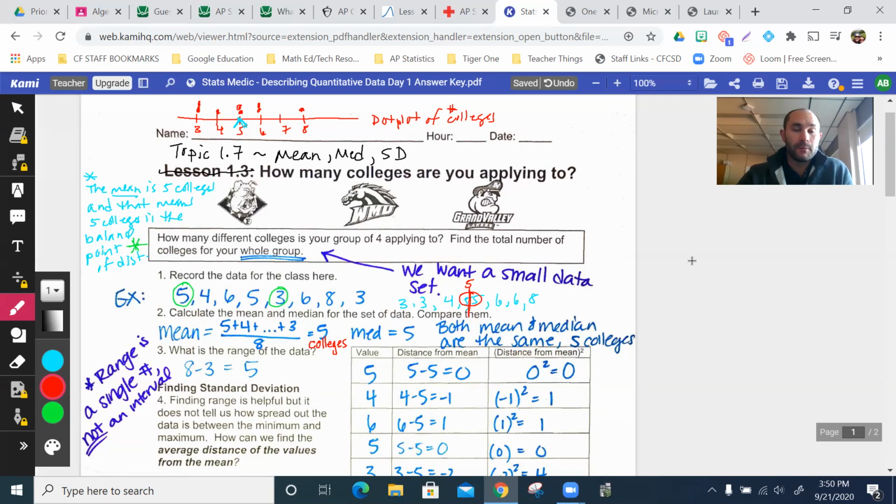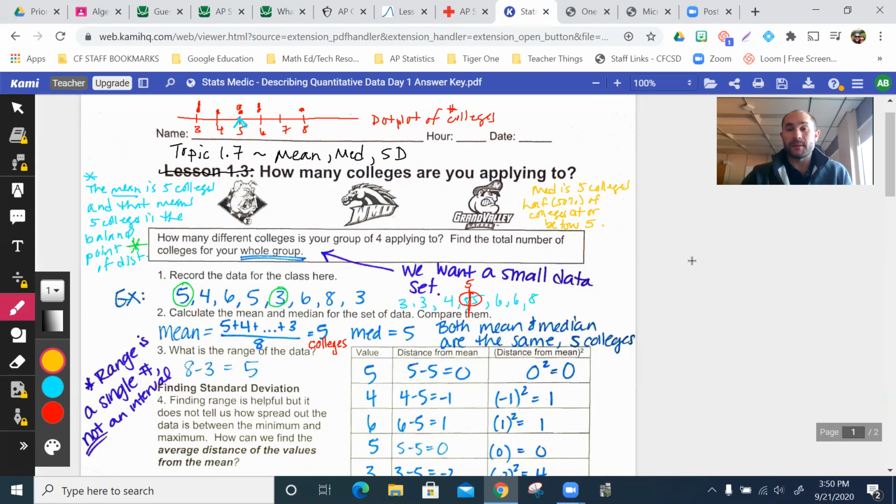In this case, the mean and median happen to be the same, but how do you interpret the median? The median is 5 colleges, which means that half, or 50%, of the values were at or below 5.